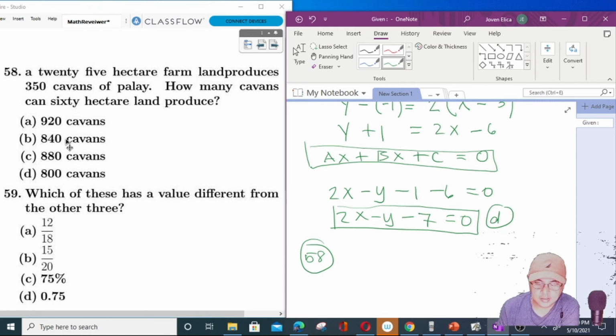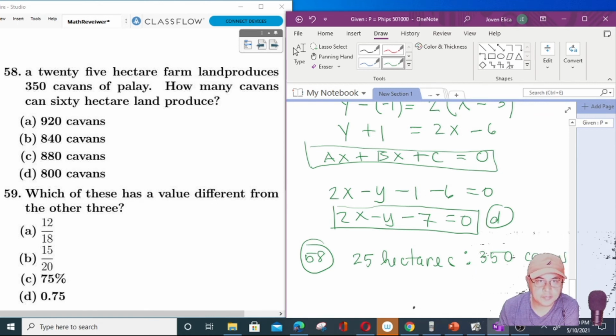So this is a simple ratio and proportion. It says there that at 25 hectares it produces 350 kabans of rice.